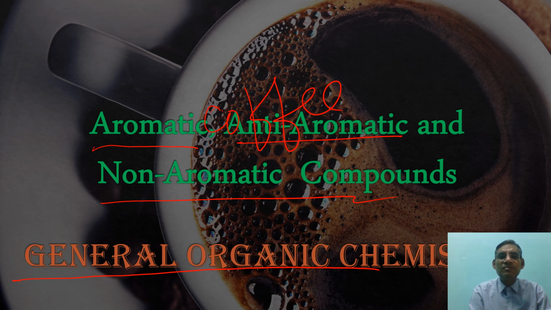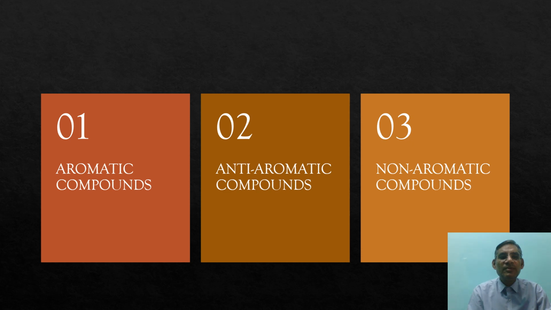See, as I said, aromatic. What are aromatic compounds? Aromatic compounds are those compounds which follow Hückel's rule. What is Hückel's rule? Hückel's rule is that the number of pi electrons is equal to 4n plus 2, as I discussed in my previous slide.